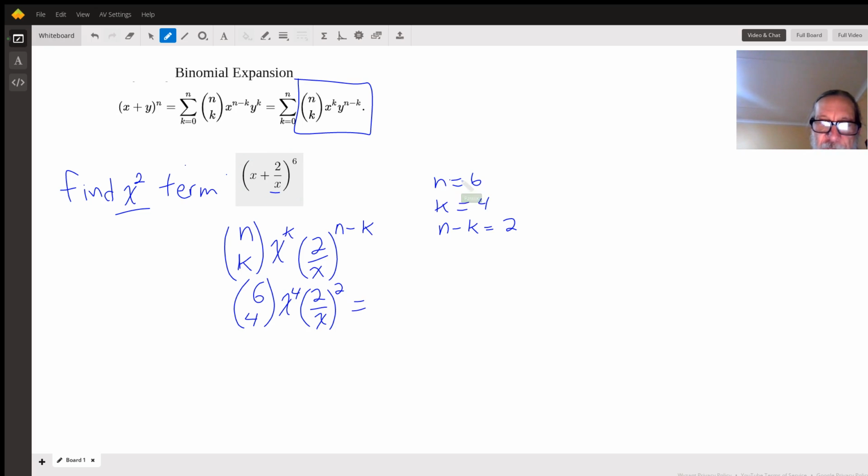All right, so this is 6 factorial over 4 factorial 2 factorial, x to the power 4, and we've got 2 squared over x squared, and you can see now these cancel and leave us an x squared.